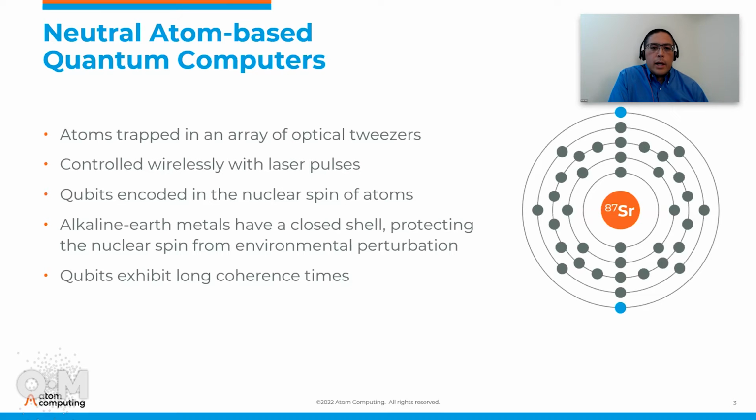So we use alkaline earth metals as our material, and they have a unique property of having a complete electron shell, or a closed shell, which provides protection to the nuclear spin from environmental perturbation like stray magnetic fields or things like that. And this results in long coherence times.